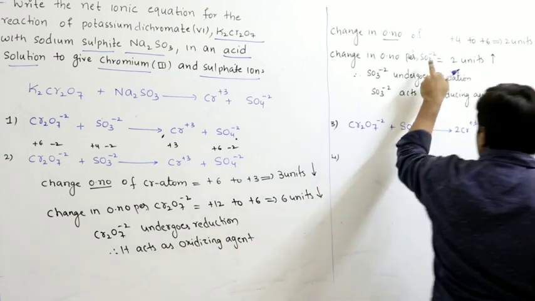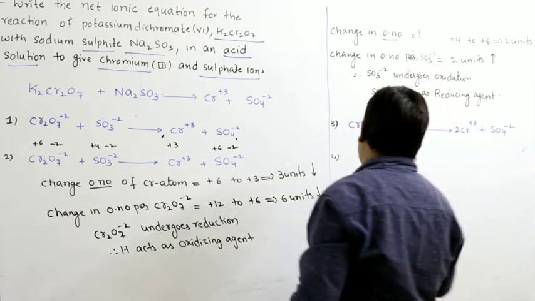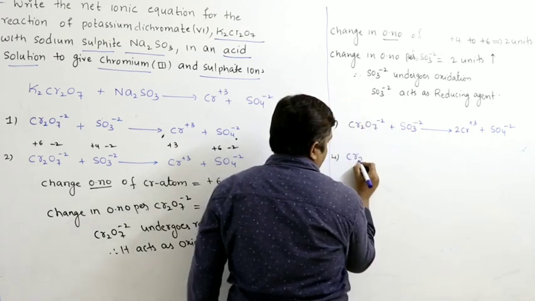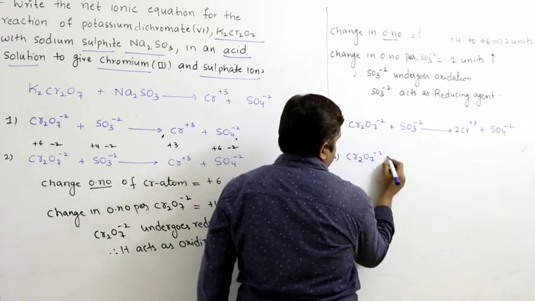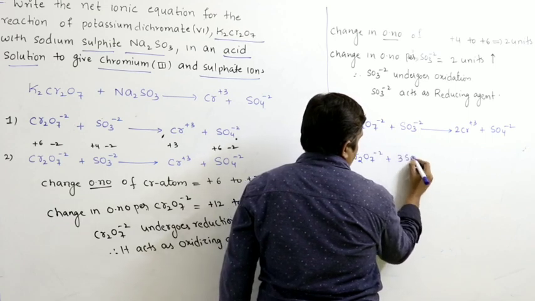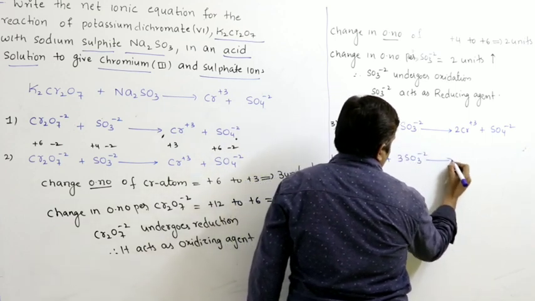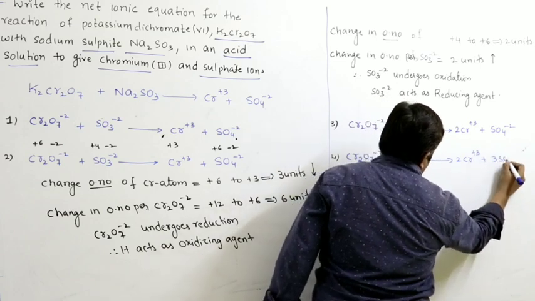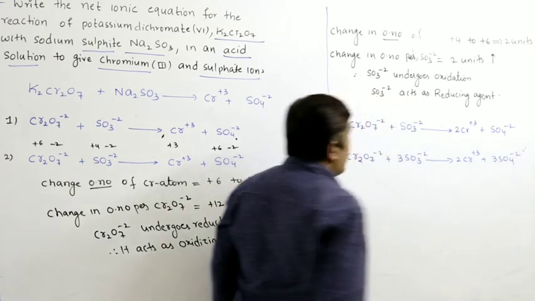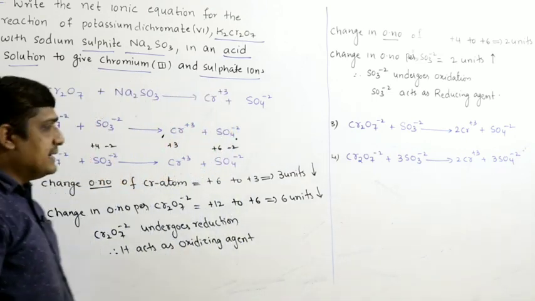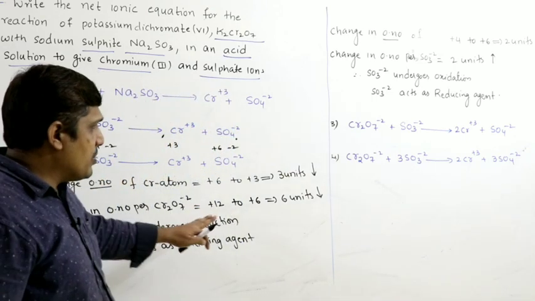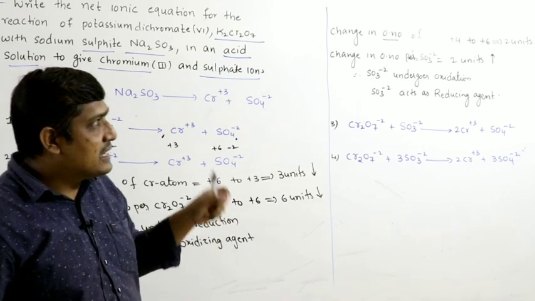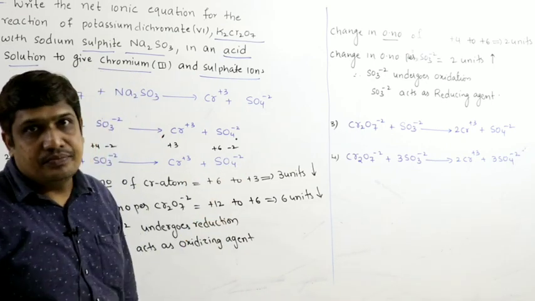To make this 6 we have to take 3 moles. 3SO3 2- with 2 Cr 3+, then you will get 3 sulfate ions. Now, the number of units decrease in reduction must be equal to the number of units increase in oxidation.